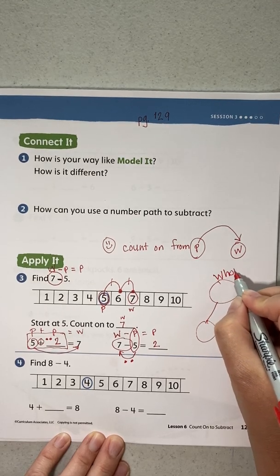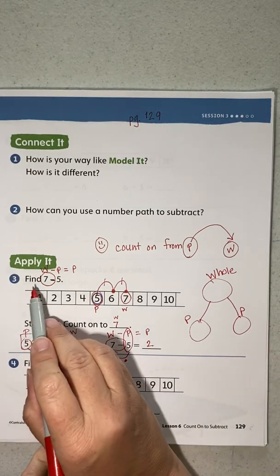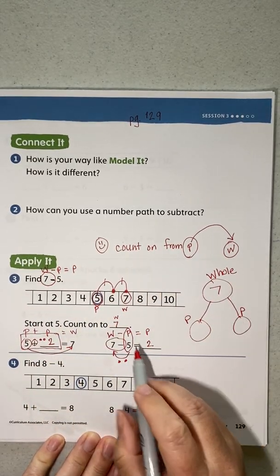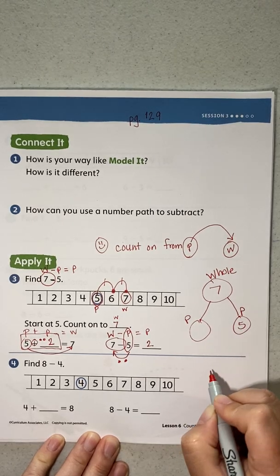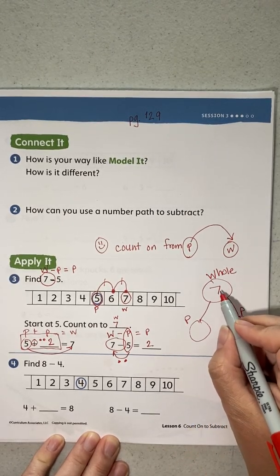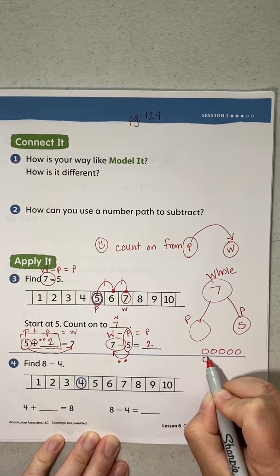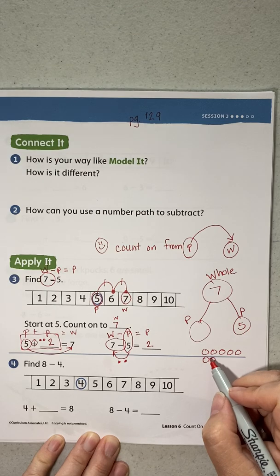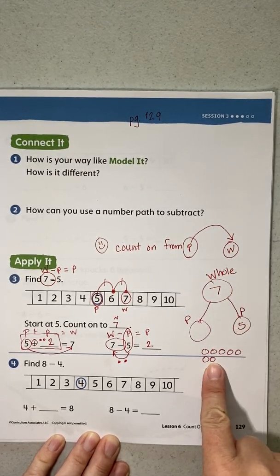We have a whole, a part, and a part. The whole is 7. The part we know is 5. I can put it on either side, right? So if I have 7, 1, 2, 3, 4, 5, 6, 7. Okay, that's the whole.